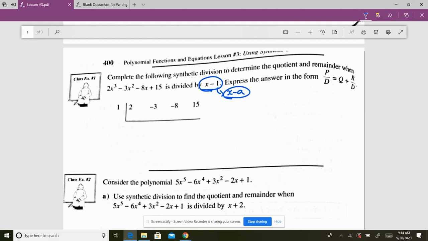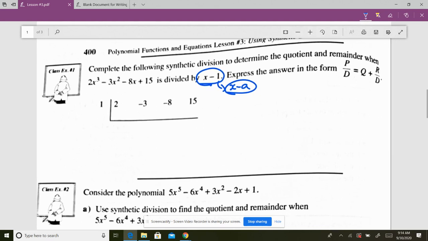Do the exponents go down in decreasing order? Are we missing any? We're not, right? So you just put the coefficients, 2, -3, -8, 15 in there. And then here's the process. First step is just to bring down the 2. Then you multiply this number by this number.